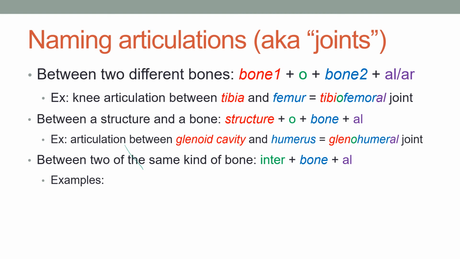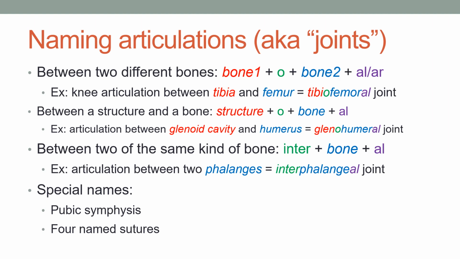So we use inter, and then the name of the type of bone: interphalangeal, or in my other example, intervertebral. There are also intercarpal joints between your carpals and intertarsal joints between your tarsals.